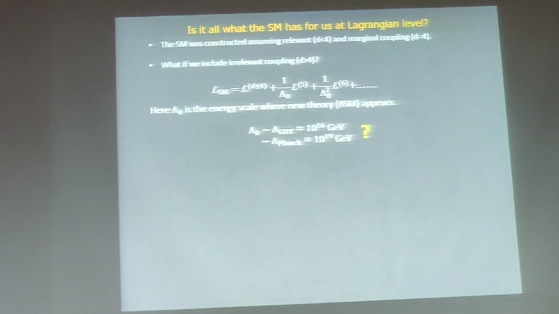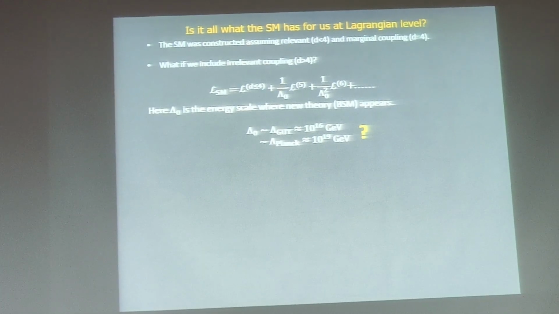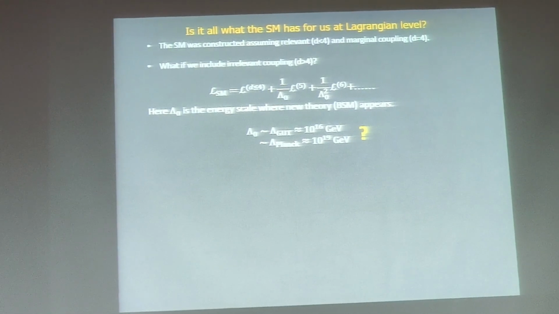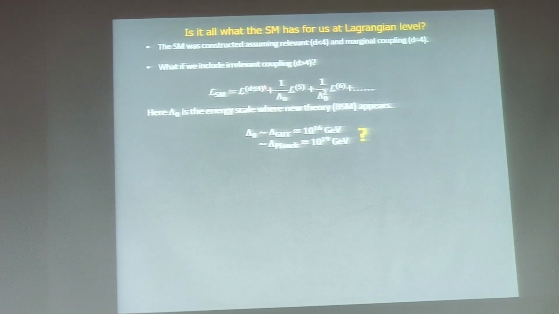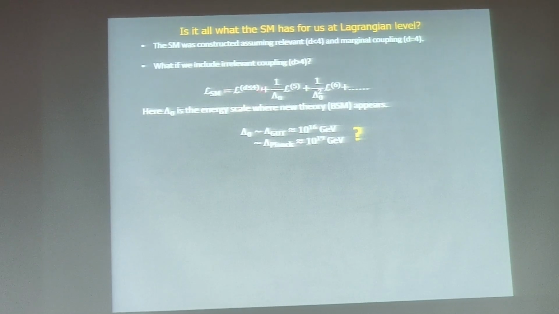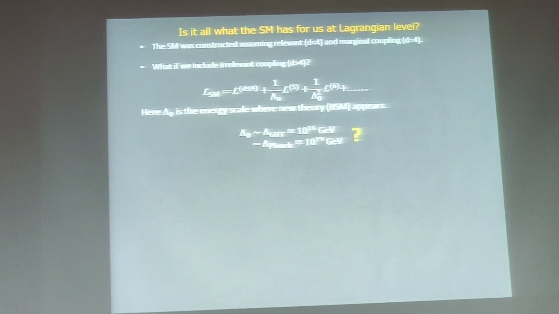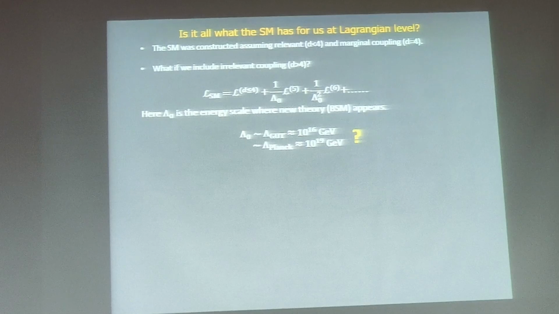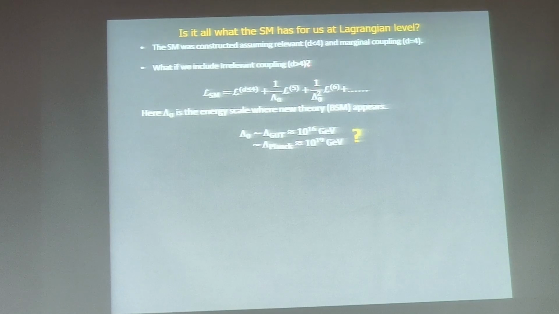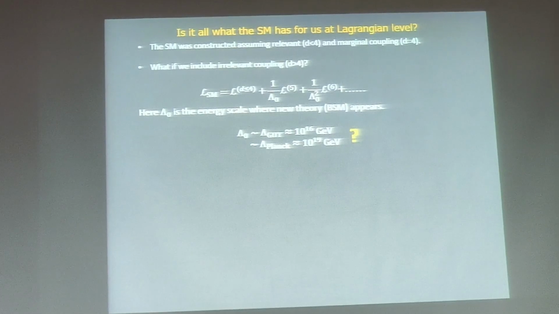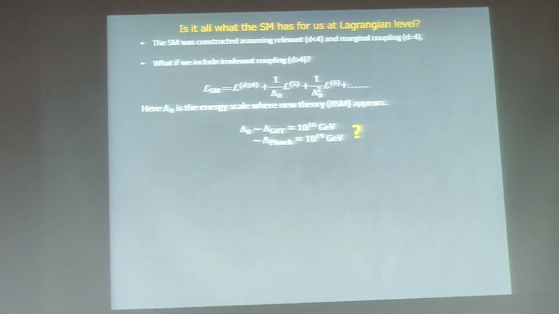But the standard model is incomplete without the irrelevant couplings, which become important at high energy. So this is the complete standard model Lagrangian. So far we have just developed this part of the standard model Lagrangian from the couplings with dimension 4 or less. Okay, so you can go on to find 5-dimensional interactions, 6-dimensional interactions, and so on, right?